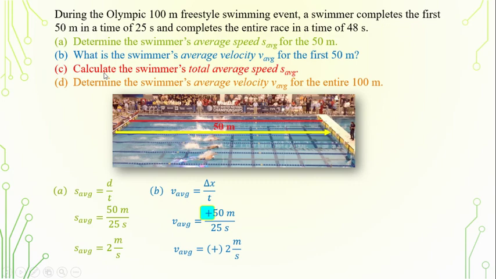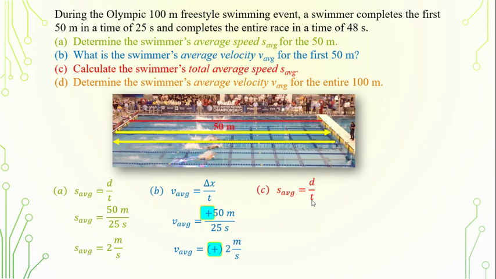Part C asks you to calculate the swimmer's total average speed. Well, that's pretty light work. In order to calculate the total average speed, again, we just apply the average speed function one more time, but it says total, so we include the way back too. Average speed is equal to distance over time, but the total distance in this case will be 100 meters because the swimmer swam there, which is 50, and swam back, which is another 50.